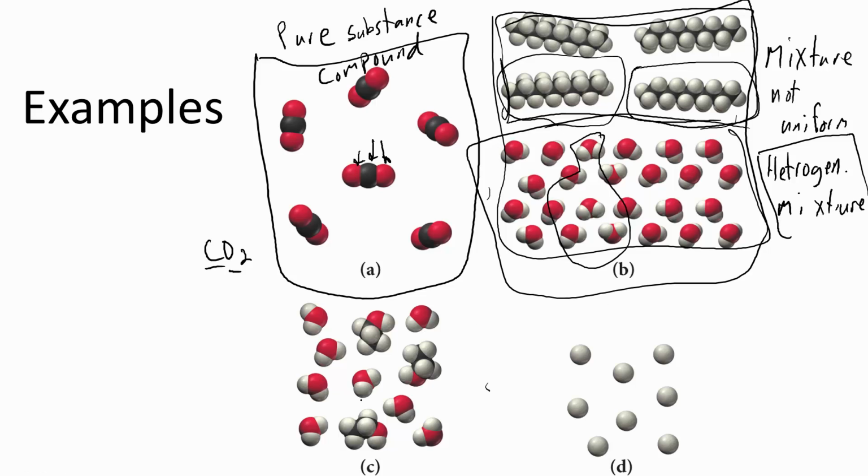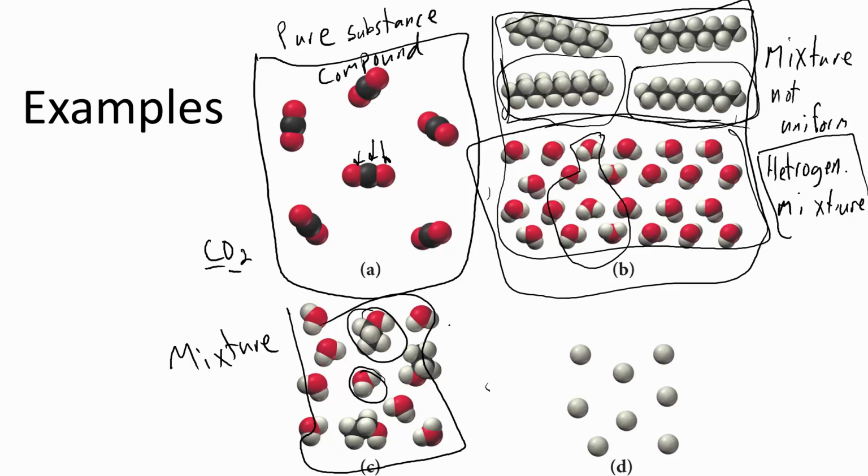So let's look at this one. Well, in this particular example in C, we see that there's more than one type of molecule. So it's definitely, again, a mixture. Now, I also look at whether it seems to be kind of evenly distributed.